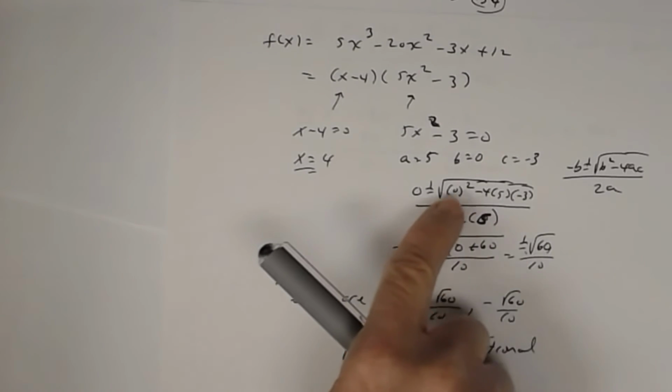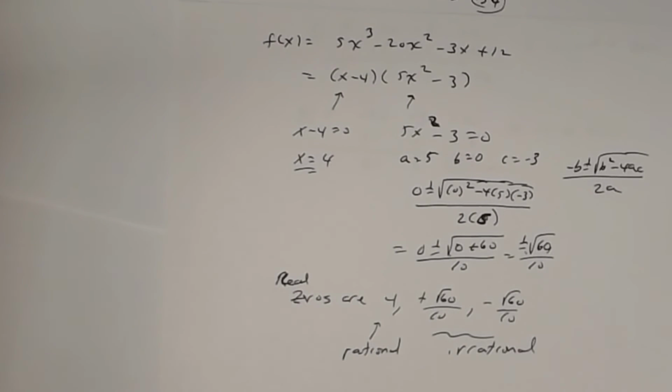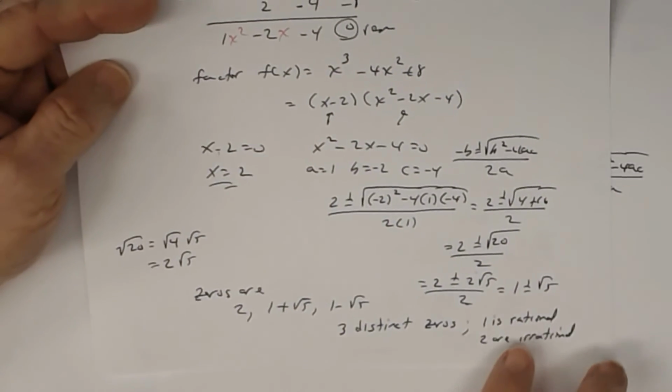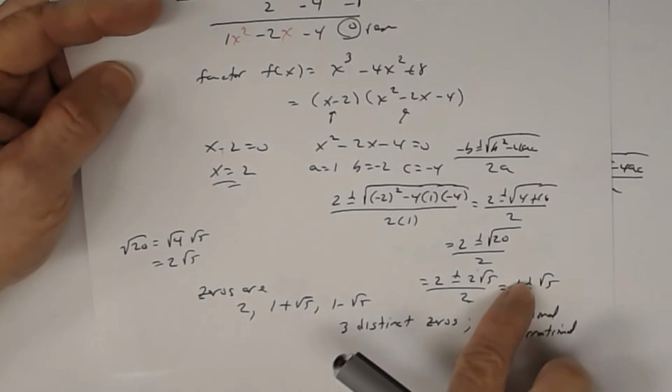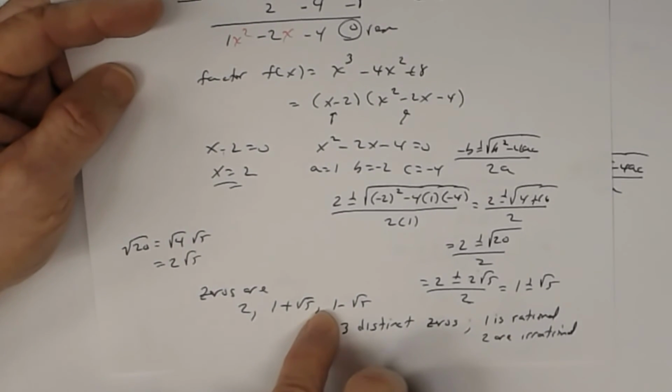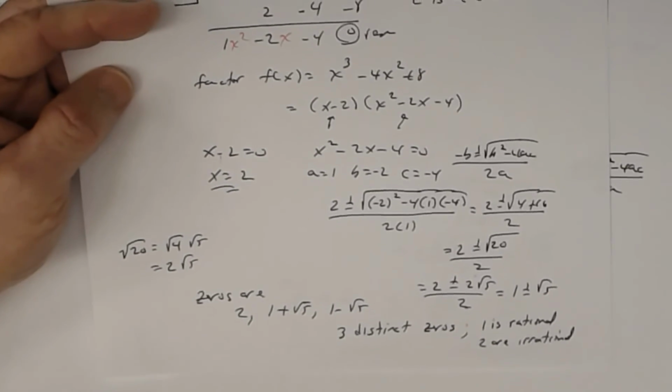Makes sense because of the quadratic formula, plus or minus. Okay, so the irrational zeros occurred in pairs. Saw that? Conjugate pairs. The irrational zeros occurred in pairs: 1 plus the square root of 5, 1 minus the square root of 5.